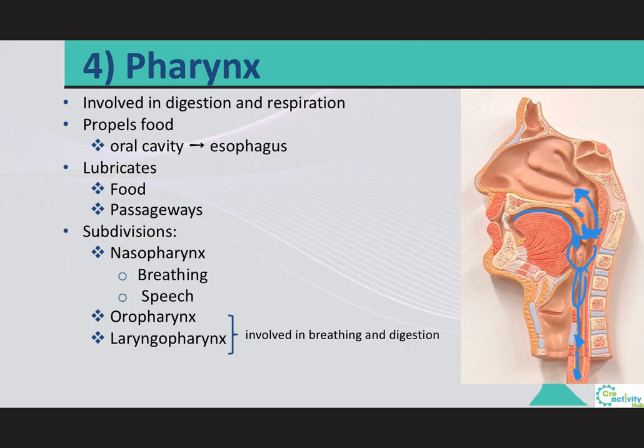At the same time, the larynx, more specifically the epiglottis, folds inferiorly to cover the glottis, and this prevents the food from entering the trachea. That way it directs the food into the esophagus instead of the trachea.